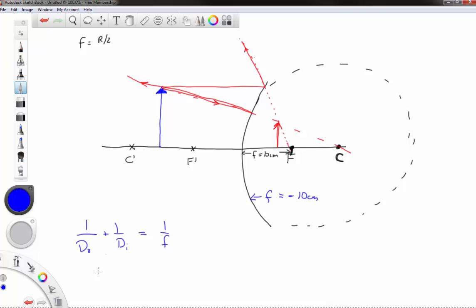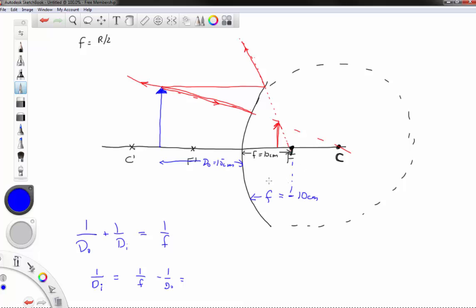So if I want to find di, I can say that 1 over di is equal to 1 over f minus 1 over dO. Remember that dO is the distance for the object, which in this case was given as 15 centimeters.